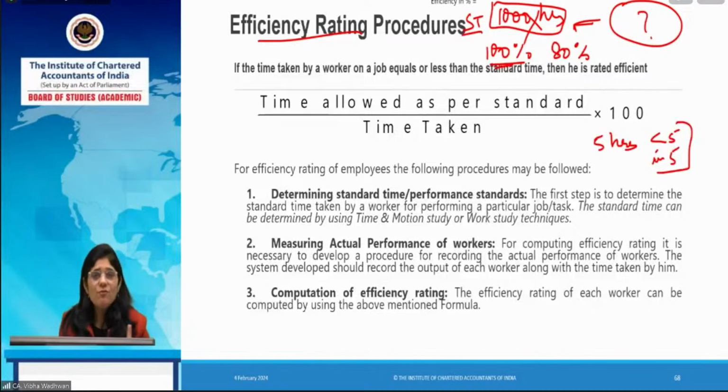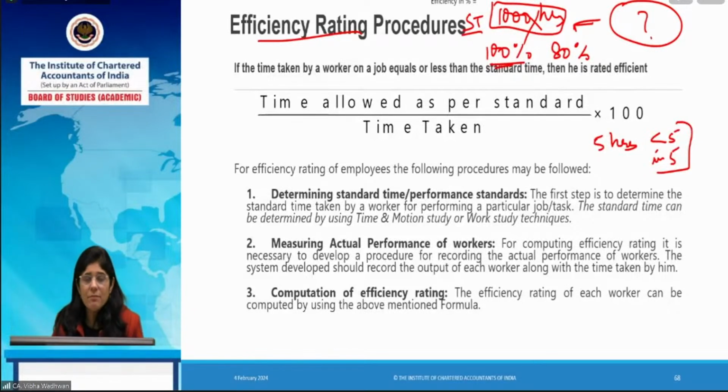Yes, time will be more, of course. If the workers are 100% efficient, time will be 1000 hours. If the workers are 80% efficient, standard time should be set at a higher level. It will take more time, then 1000 hours will not be enough. 1000 hours will be enough only if workers are 100% efficient. My workers are not that efficient, so standard time should be fixed at a higher level.